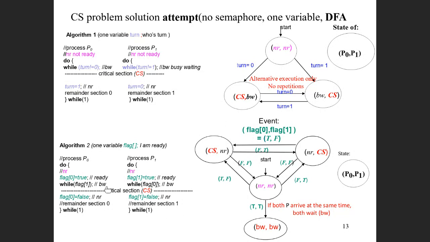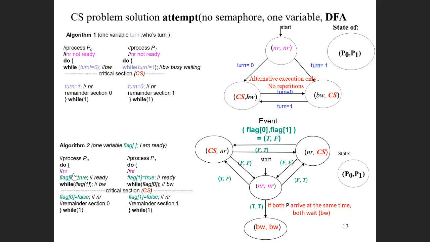Let's have algorithm number 2, and this was an attempt of using flag 0 or flag 1, which say the process is ready. So you remember from the algorithm number 2 code that, for instance, in process P0, we have a do loop, and before the statement flag to be true, we have not ready.